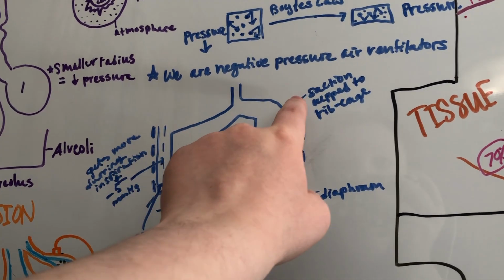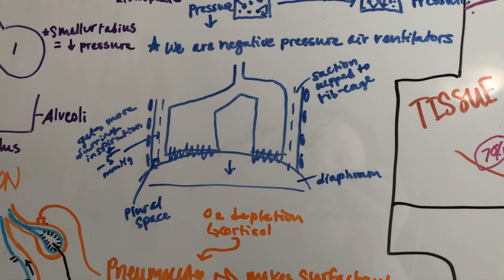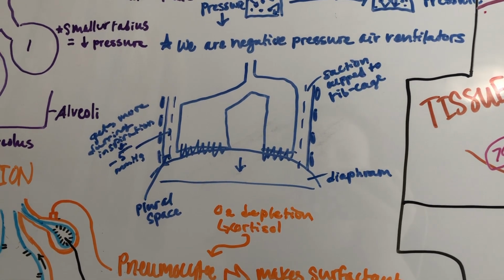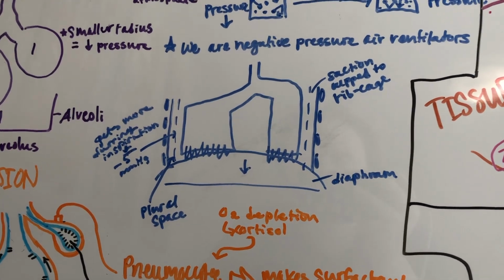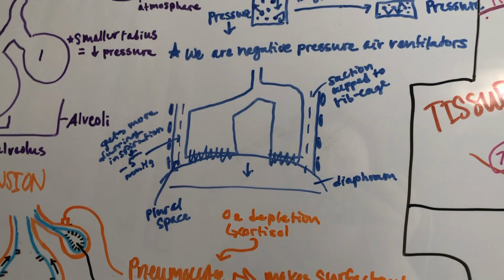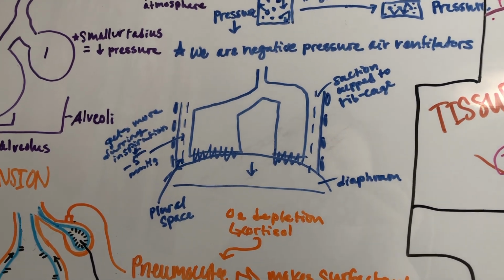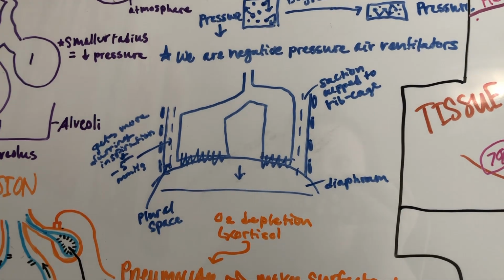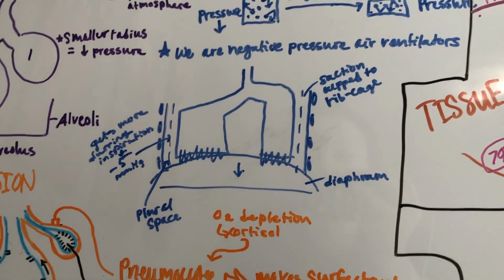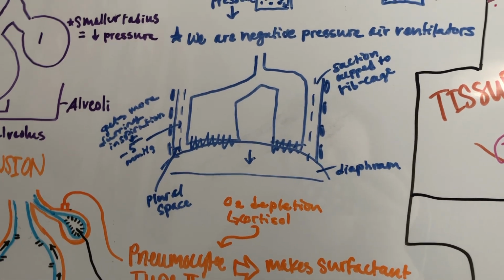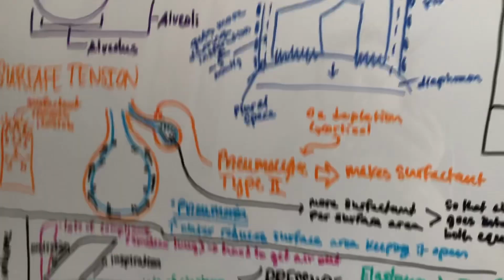This creates a suction cup effect to the rib cage, pulling that pleural space and all of those membranes out, which increases the space available. Since we've increased that space, we've decreased the pressure, and we've increased that negative pressure, and so air flows in. Then we exhale, pushing all that out, making the space smaller, and the air goes out.